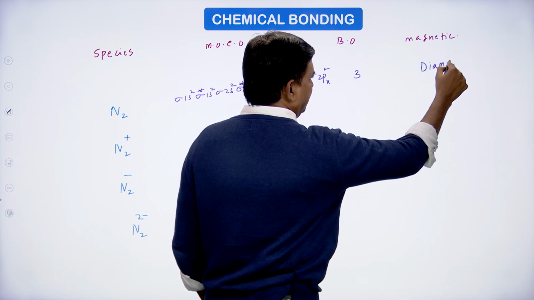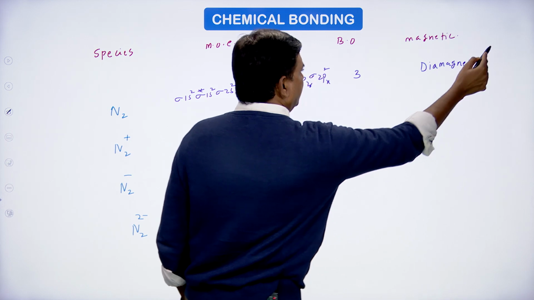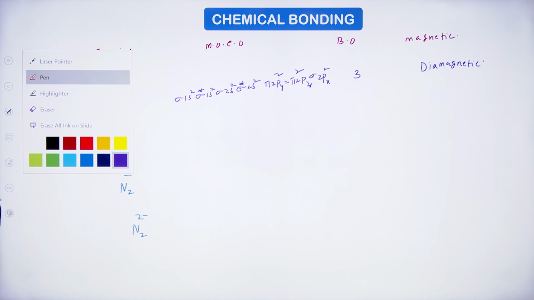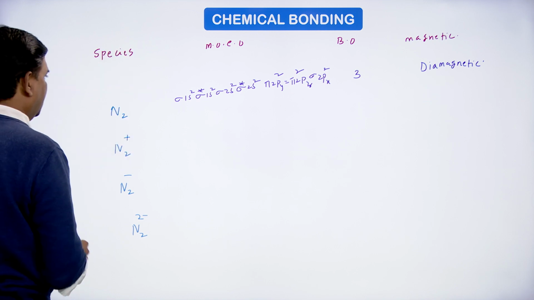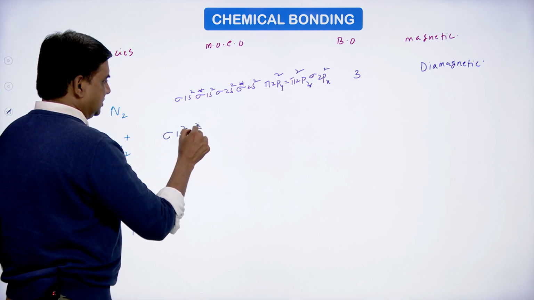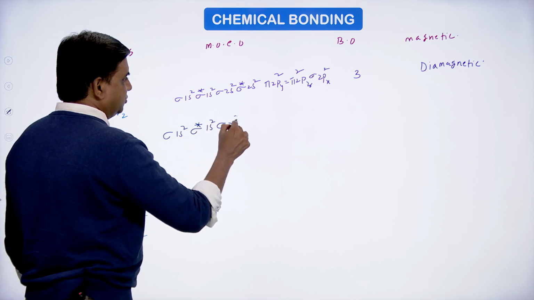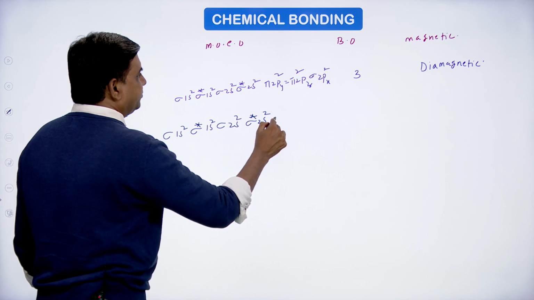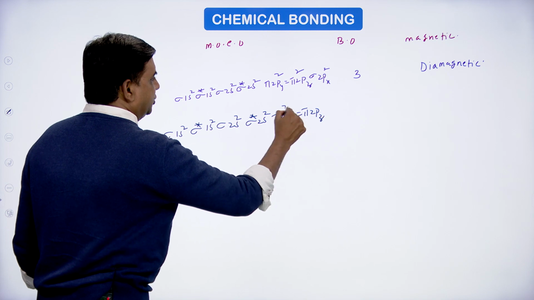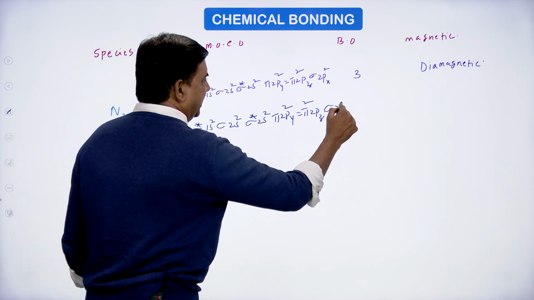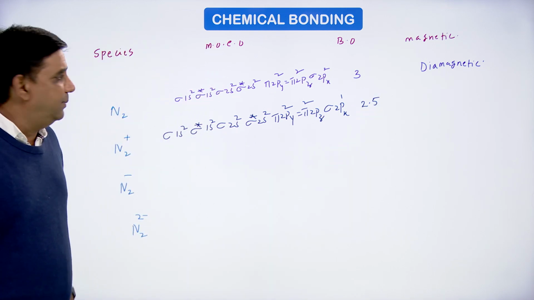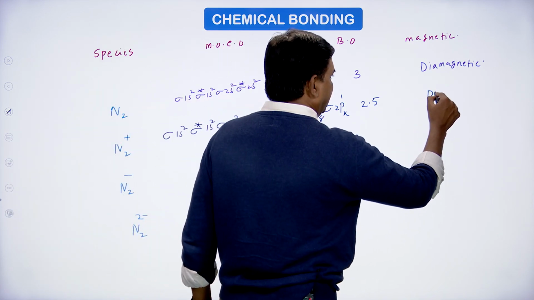And N2 plus is the same: sigma 1s2, sigma star 1s2, sigma 2s2 and sigma star 2s2, pi 2py is equal to pi 2pz, 2 each, and sigma 2px1. Bond order is how much? 2.5, and because of the presence of an unpaired electron it is paramagnetic in nature.